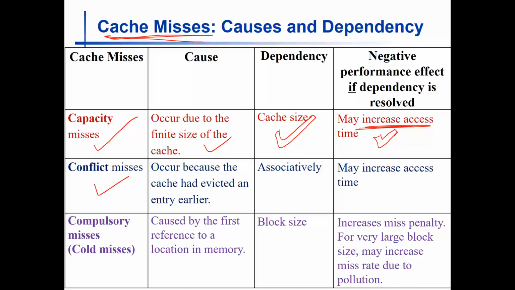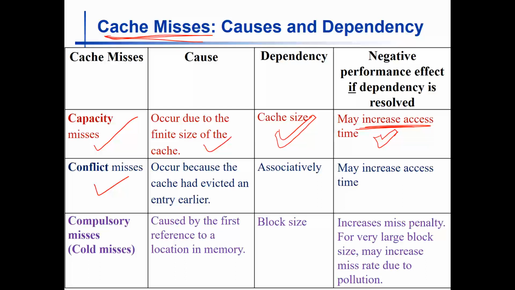Another cause is conflict misses. Conflict misses occur when the cache has evicted an earlier entry, and basically to make it simple, you have multiple blocks in the memory fighting for a few blocks, or a set of a small size, in the cache.